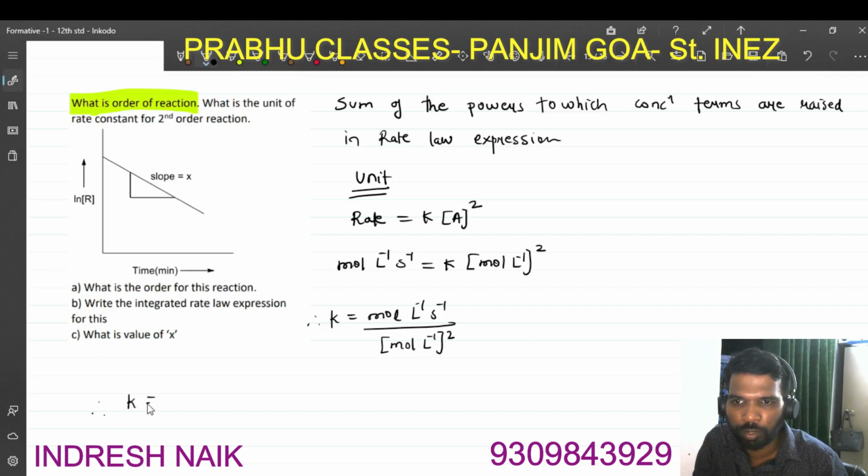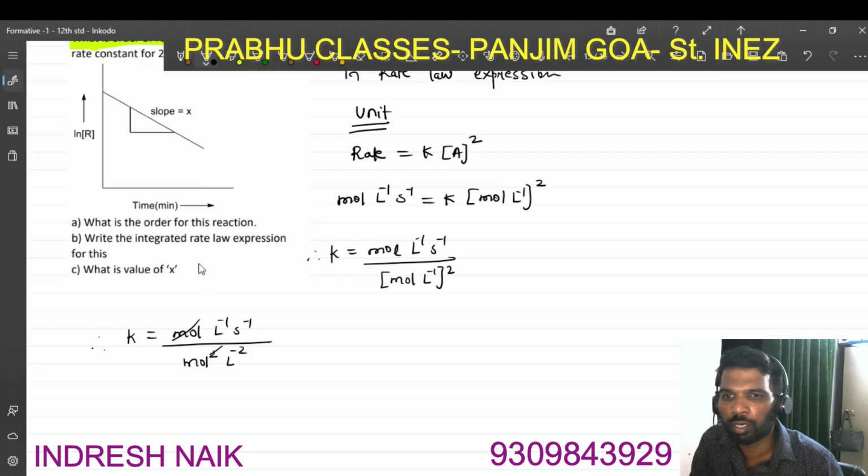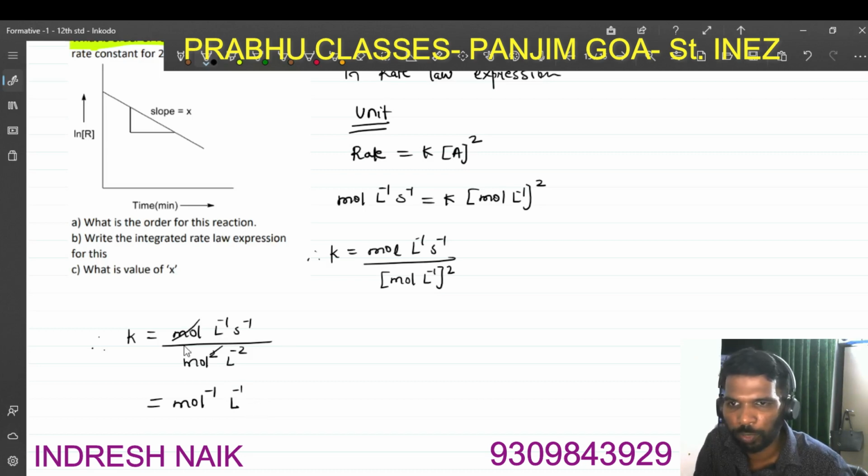Therefore, K is equal to moles per liter per second, divided by mole square per liter square. So this one will get cancelled, and this will go on the top and it will become liter.